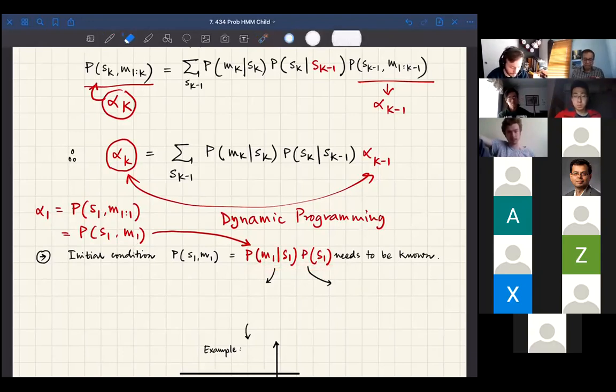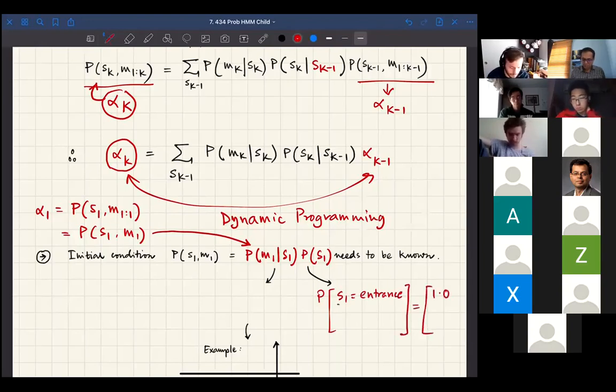So then this is the probability of S1. If Google knows that Romit entered the airport through this entrance, then you can say probability of S1 equals entrance equals 1, S1 equals Starbucks equals 0, everything else can be 0. Then that means you know that the entrance was at that location.